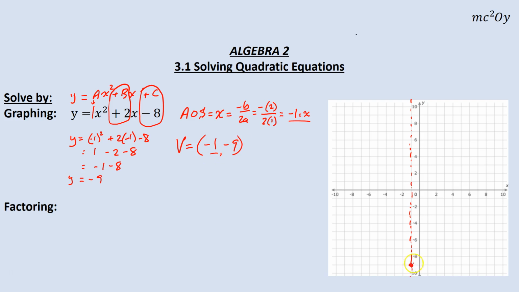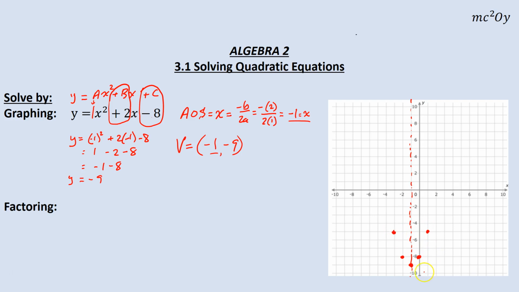I can use patterns or plug in other values. If I put 1 in for x, I would get an output of -8. If I put 0 in for x, I'd get a y-intercept of -8. I could reflect that point. If I were to put 1 in for x, I would get an output of -5.